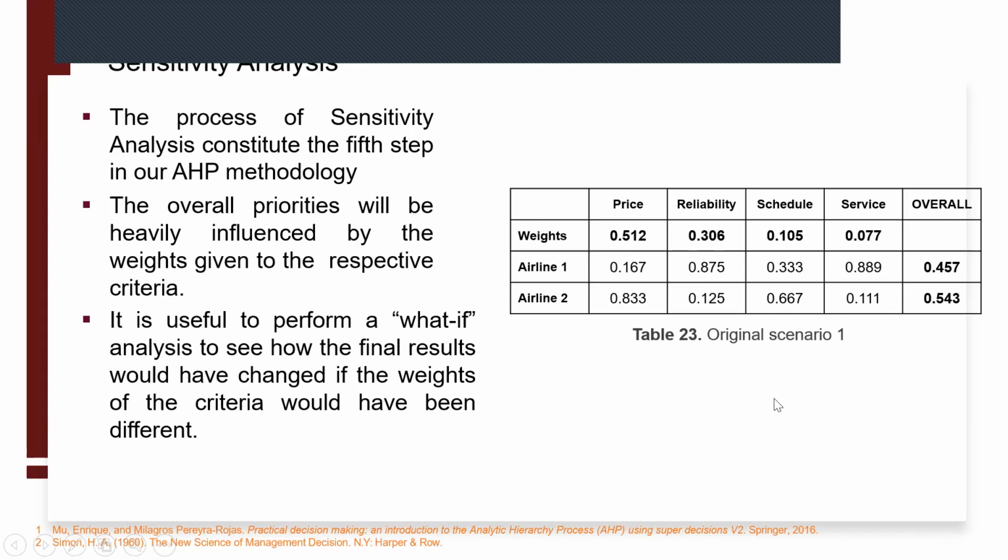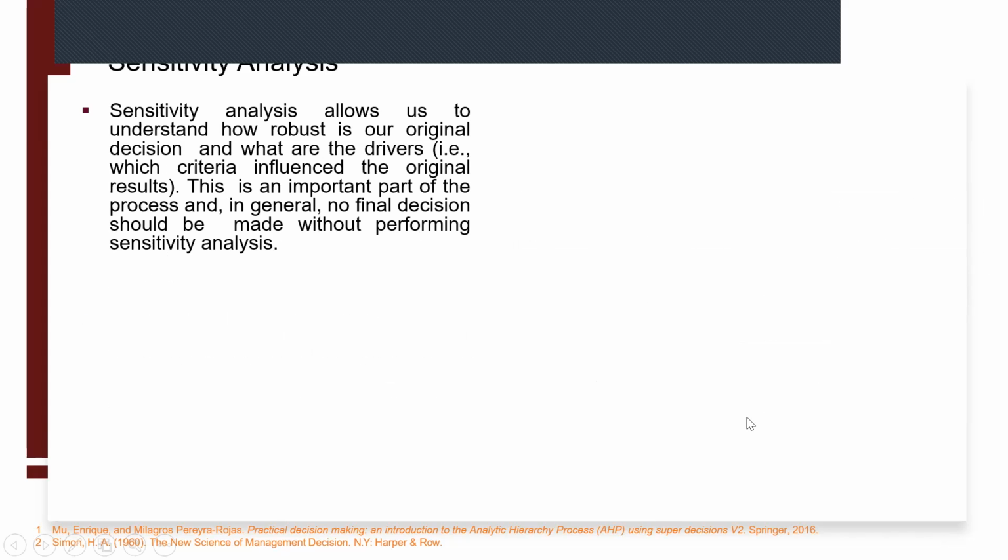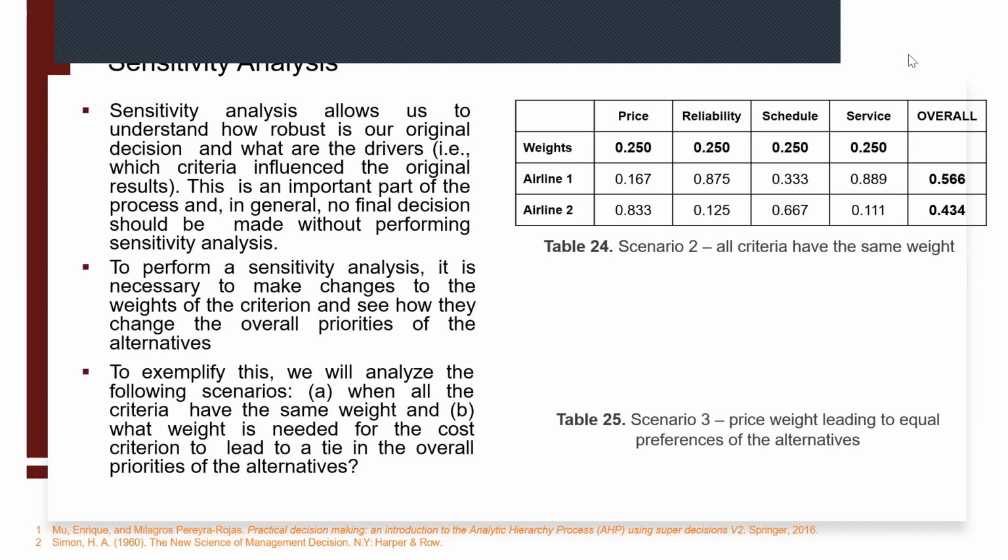It is useful to perform a what-if analysis to see how the final results would have changed if the weights of the criteria would have been different. So the way I did it, you only do that two ways. Number one is to assume that all of the criteria have the same value.